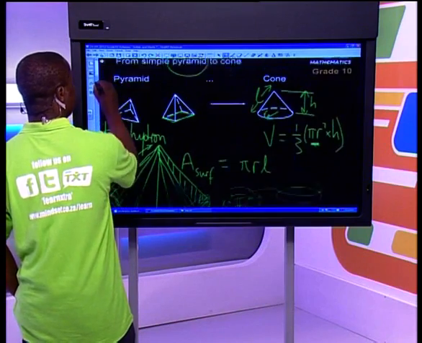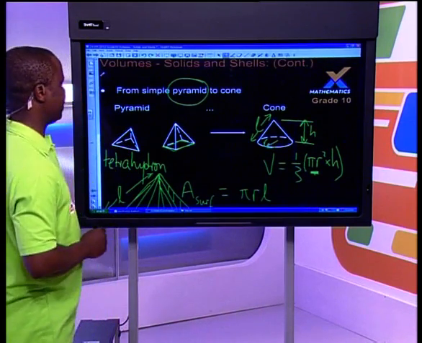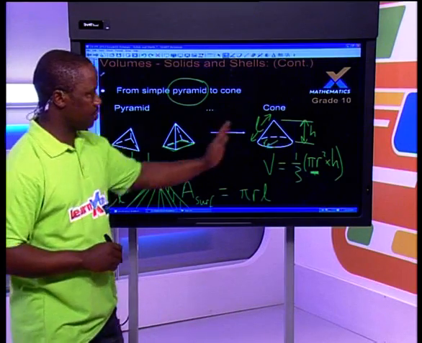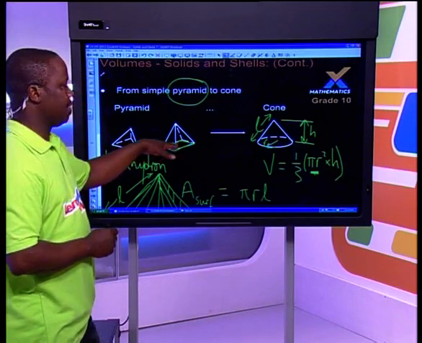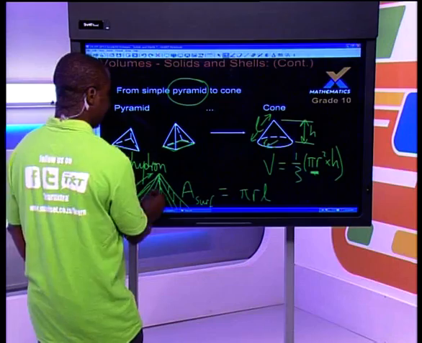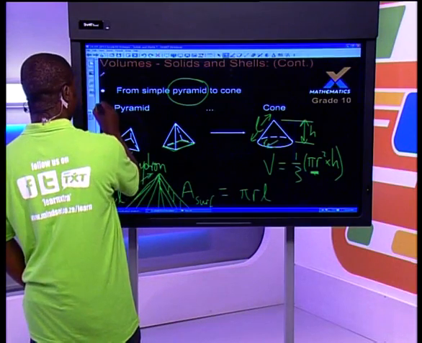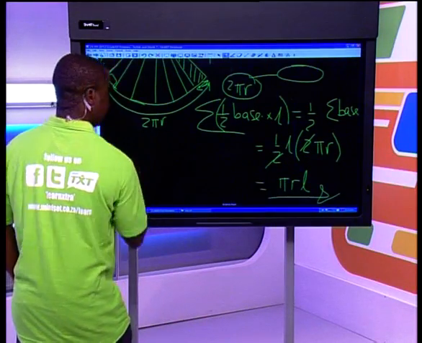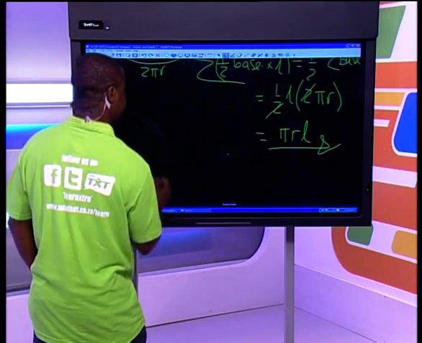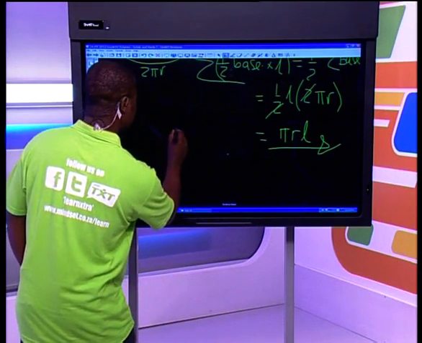So easy to remember again. And where are we now? Let's see. There was a pyramid, from pyramid right through to a cone. So obviously the other ones where you've got a triangular base and a rectangular base, you would have laid them out exactly the way you laid out the one of a prism. Let's just take, for instance, a rectangular base.